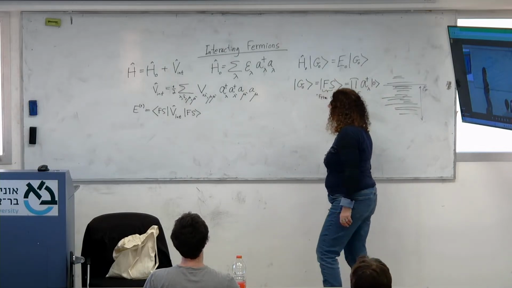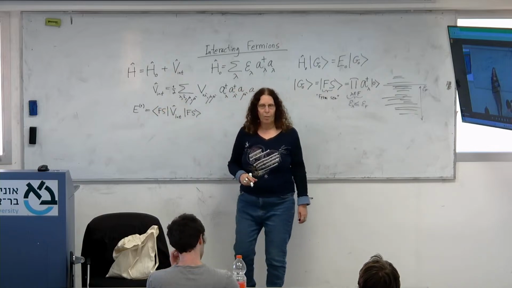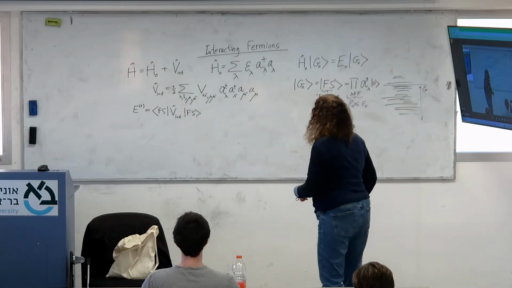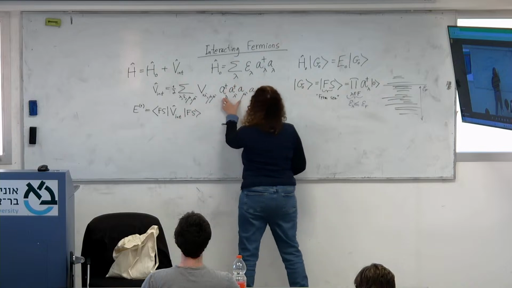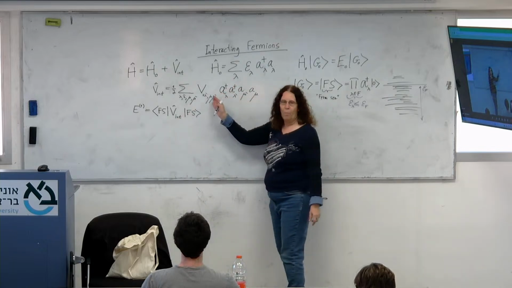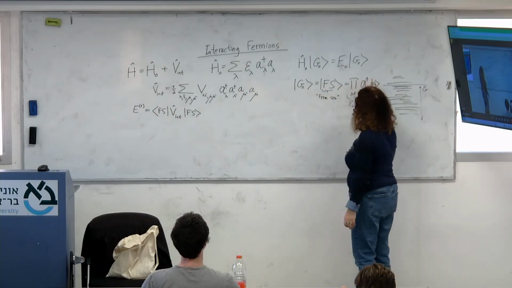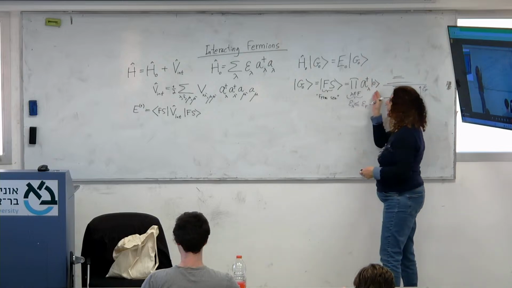And now we would like to be able to compute such matrix elements in a simple way. And one of the problems that we face is that while the interaction terms contain only 4 operators, the state is a simple product of creation operators acting on the vacuum.